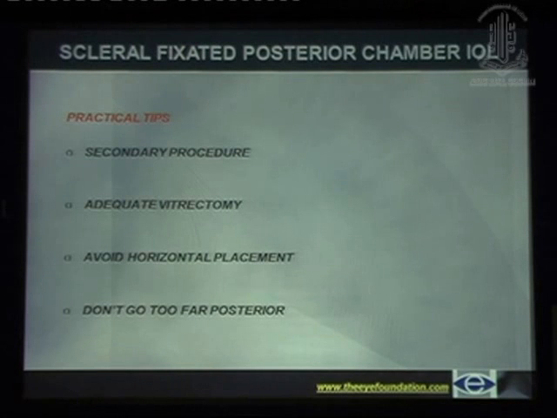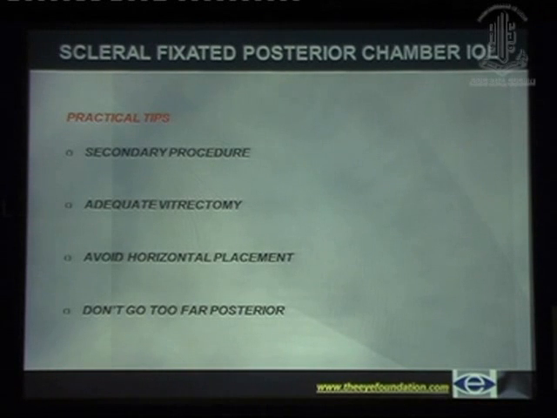This can reduce the chance of tilting of the lens and other posterior segment complications, and do this vitrectomy after creating a sclerocorneal tunnel or a scleral flap. Otherwise, in a hypotonous eye, it is difficult to create a flap or a sclerocorneal tunnel. As far as possible, avoid horizontal placement of these sutured IOLs because you are going to damage the long ciliary nerves and long ciliary arteries.